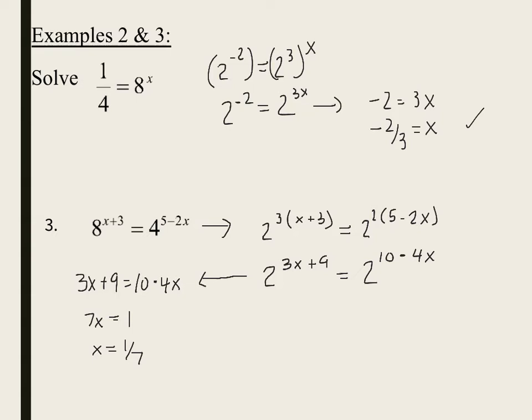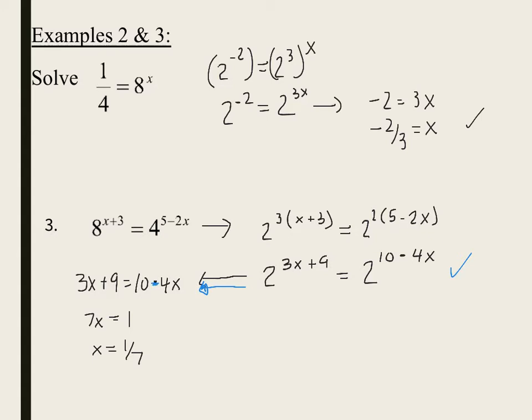We distribute the 3 and we get the following equation. 2 raised to the 3x plus 9 is equal to 2 raised to the 10 minus 4x. And now by the equivalency property, we have that 3x plus 9 is equal to 10 minus 4x. This is a minus sign here.